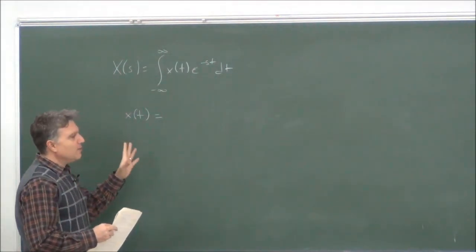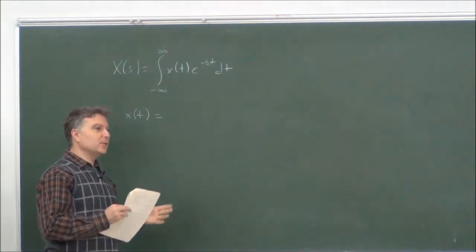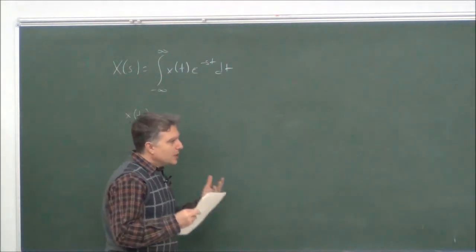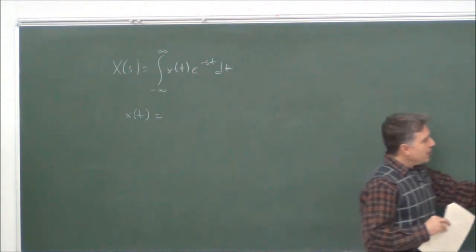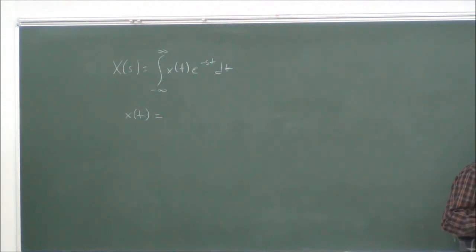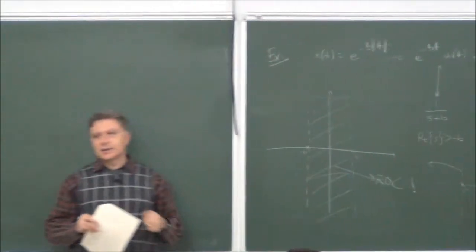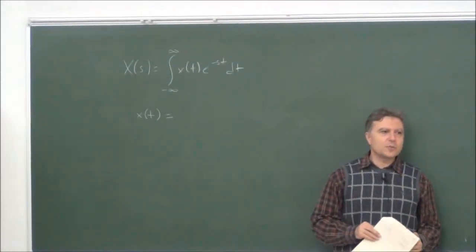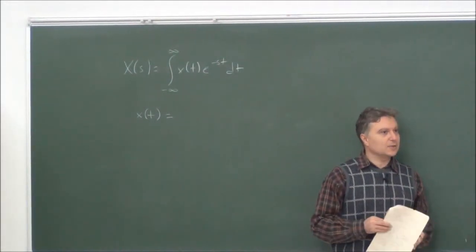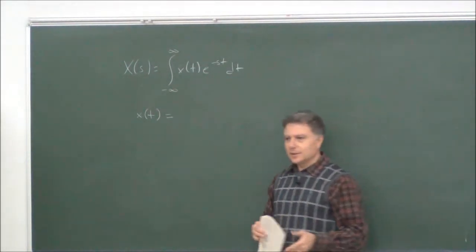So if the Fourier transform exists, or in other words, if your j omega axis is included in the region of convergence, the best way to find the inverse Laplace transform is to apply the inverse Fourier transform. The easiest way. That's the formula.